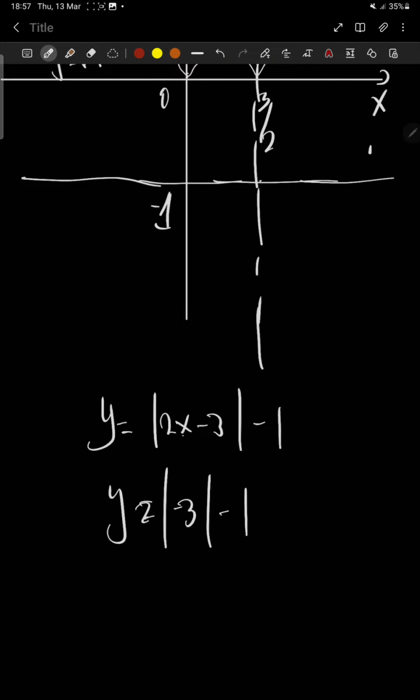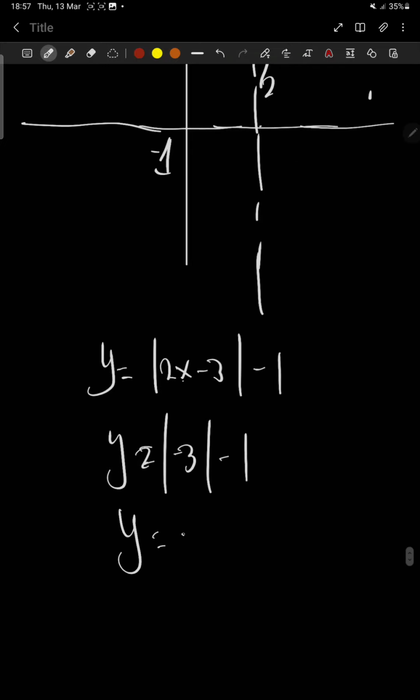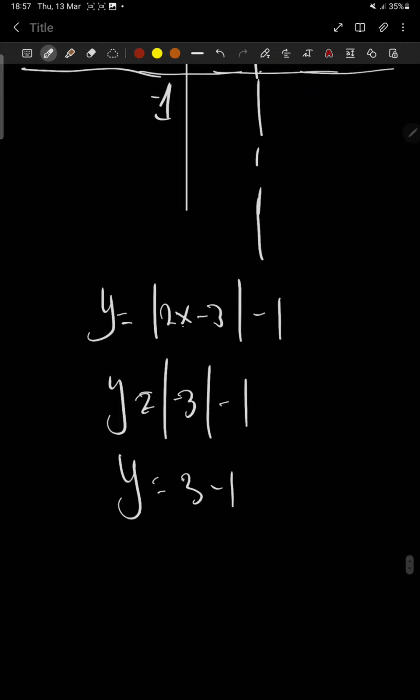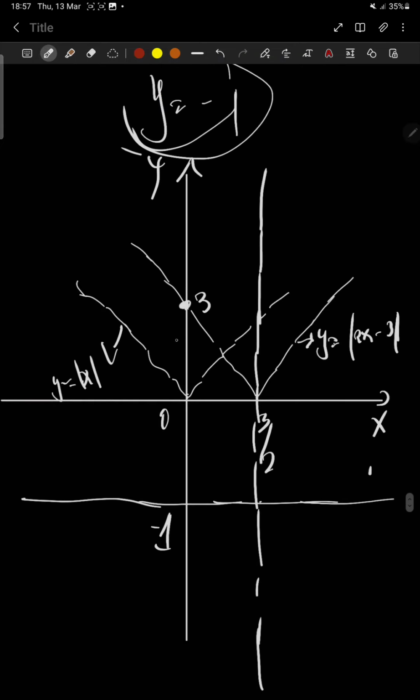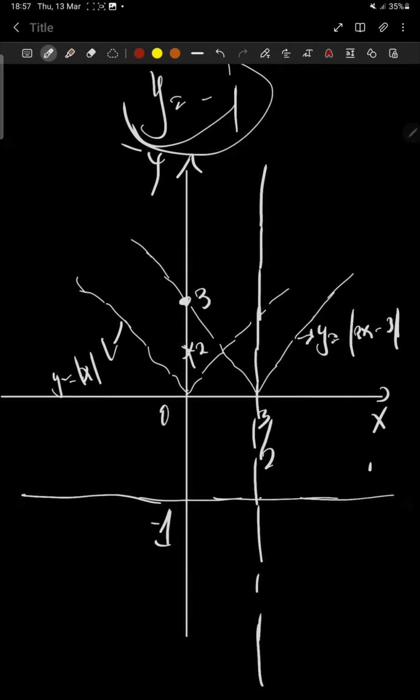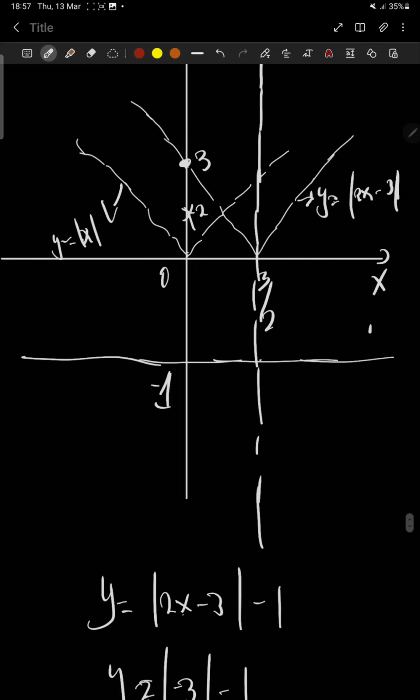I'm subtracting 3, so my y will be equal to 3 minus 1, because modulus kills the negative. My y will be equal to 2. So it will cut the y-axis at 2, and the graph will be like this, like that.